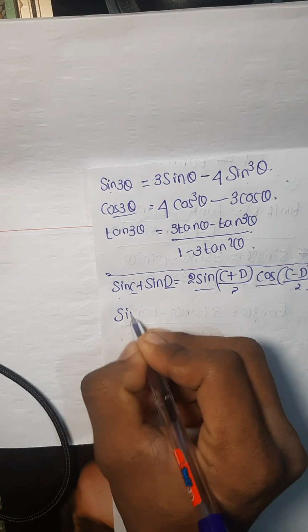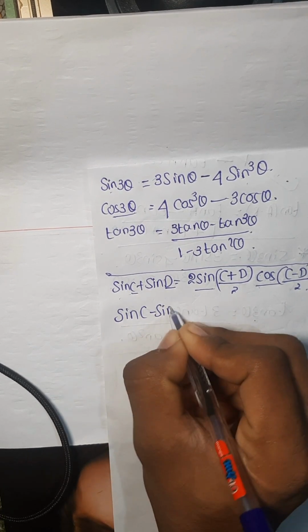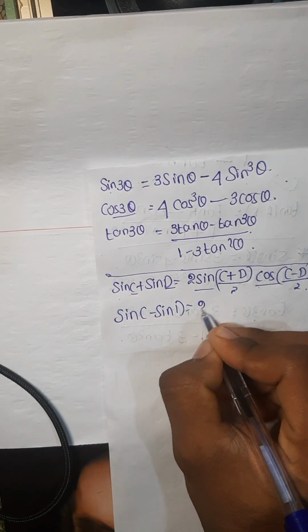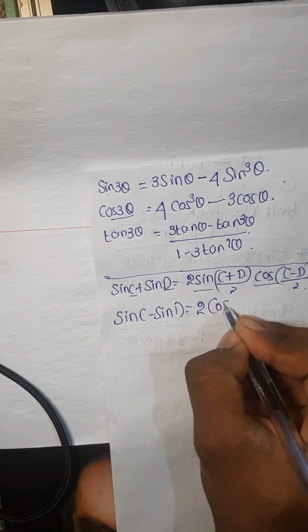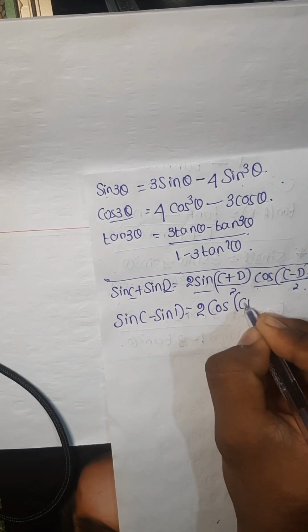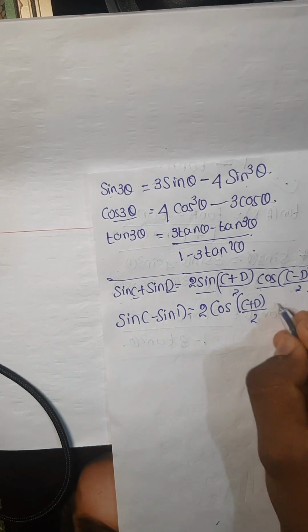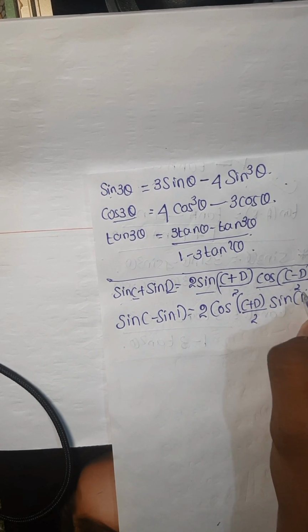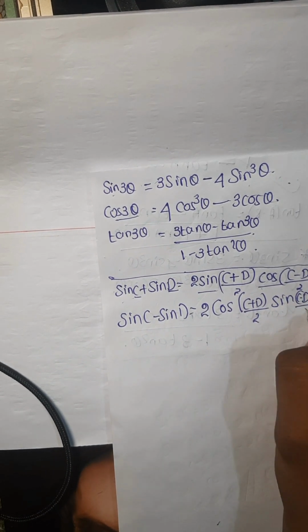Then sin C minus sin D equals 2 cos((C+D)/2) into sin((C−D)/2).